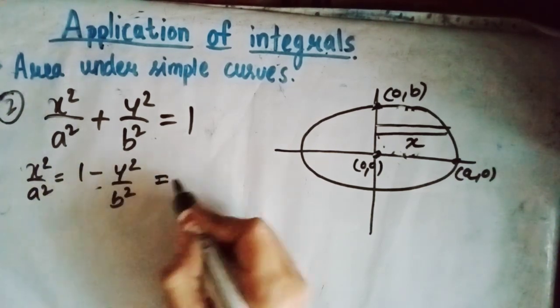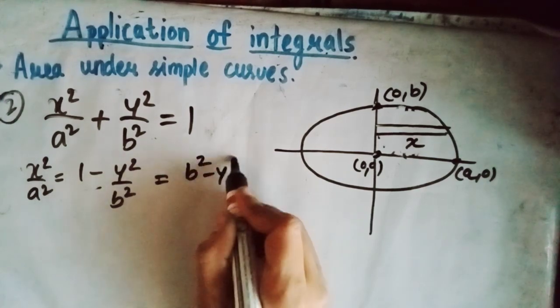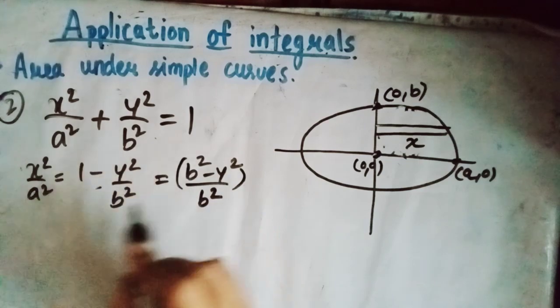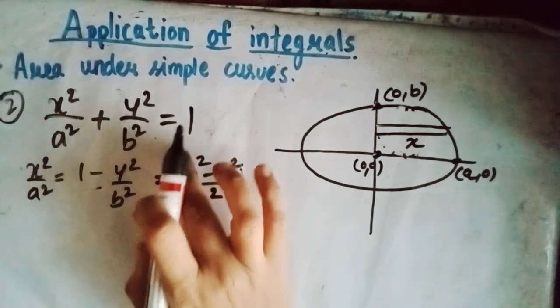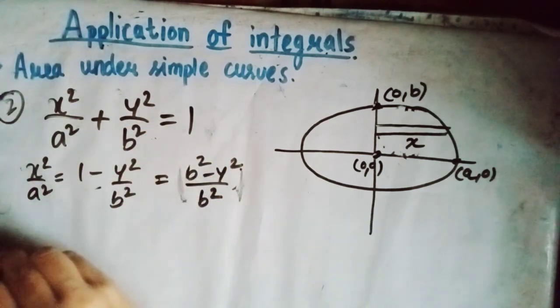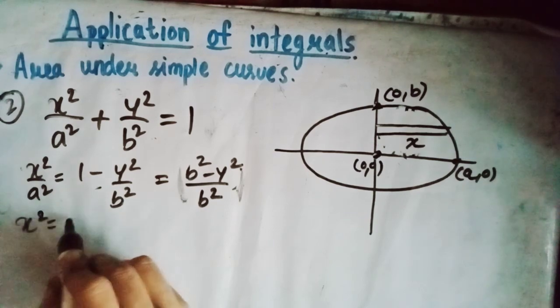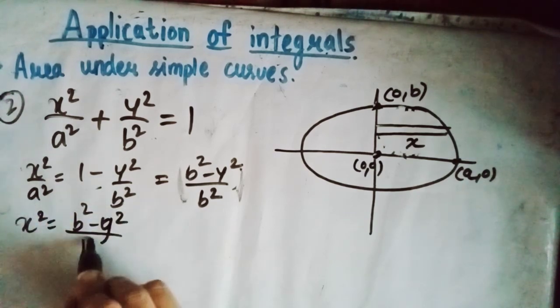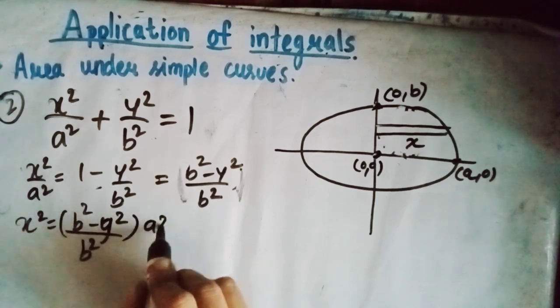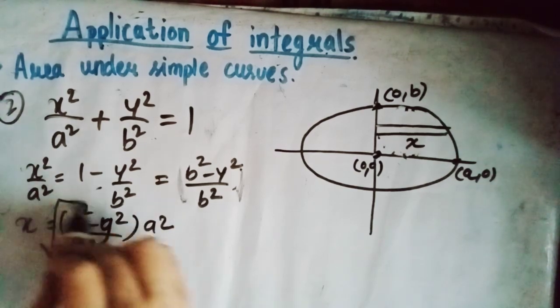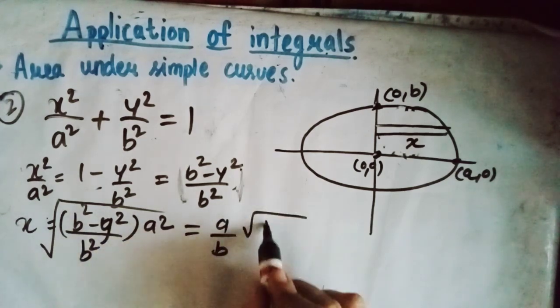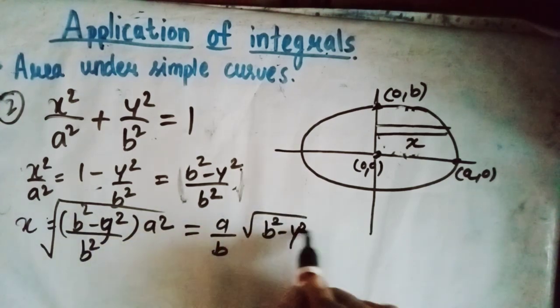So this will be b square minus y square upon b square, and x square is b square minus y square upon b square into a square. So x is a by b root of b square minus y square.